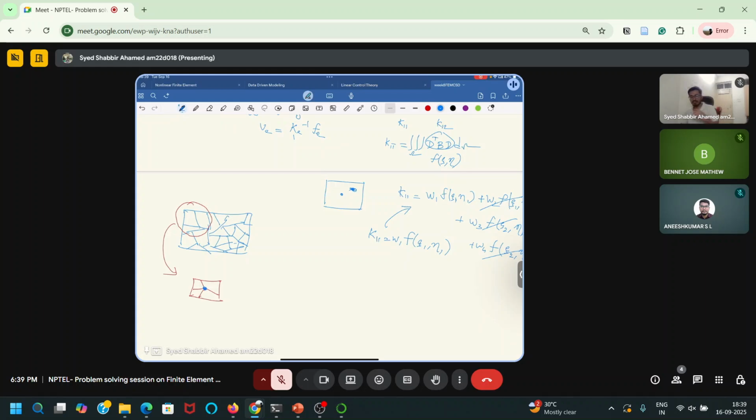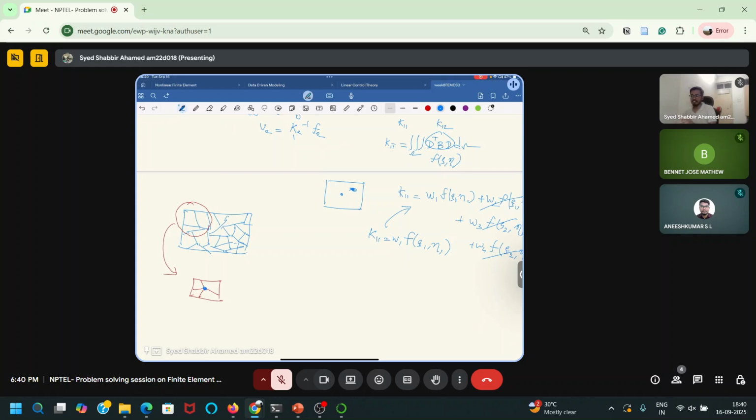If you are running the finite element simulation for 10 hours or 24 hours, taking a lot of time, and you get an error at the end of it, it will not be very efficient, right? So instead of doing that, you can do this simple test, which will ensure your convergence, which will ensure you get a correct answer.